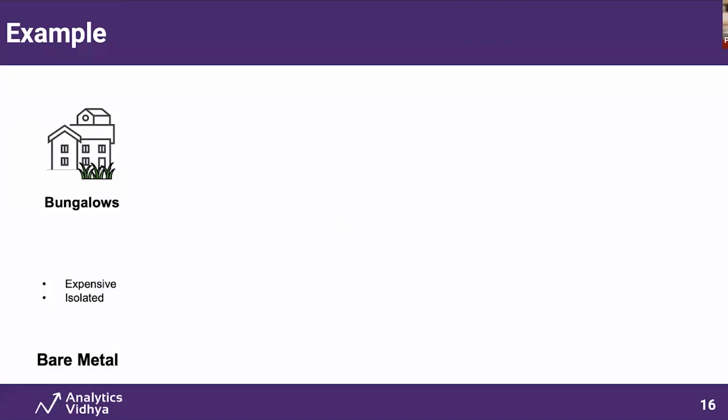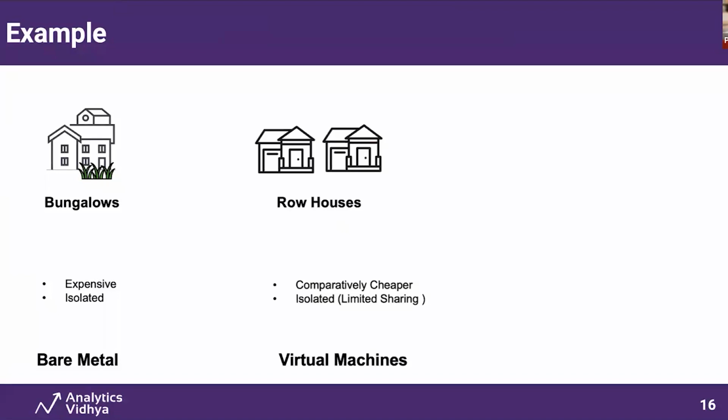And what ends up happening is you don't use all of it. You don't use the rest of the parts of your bungalow, and some of it is idle. Similarly, in a bare metal setup, you don't run multiple applications on a single server. That's the bungalows example.